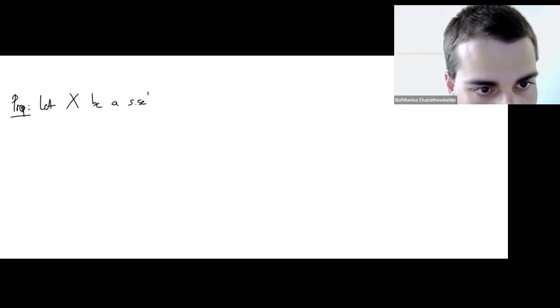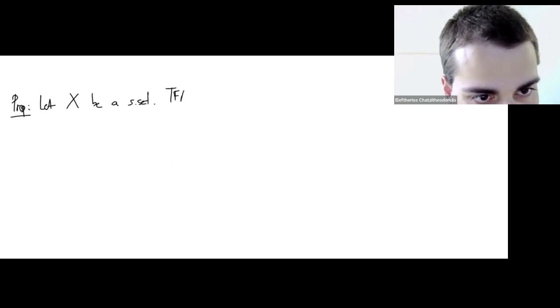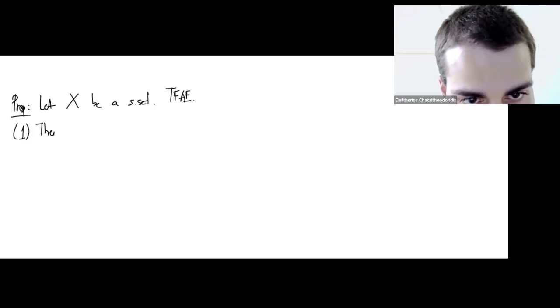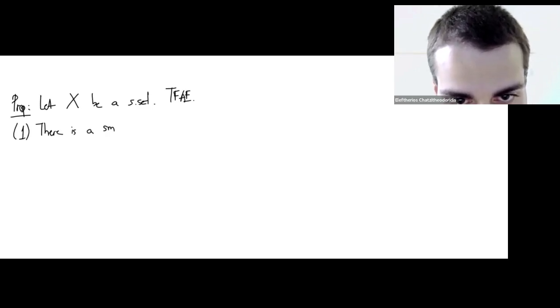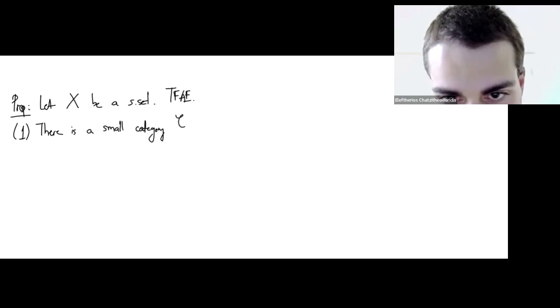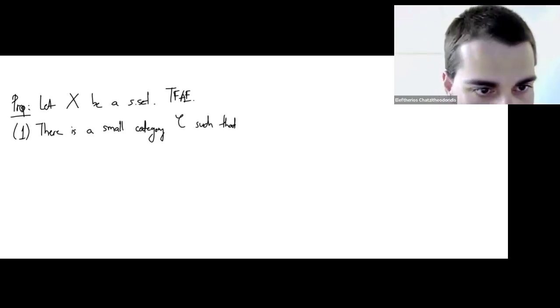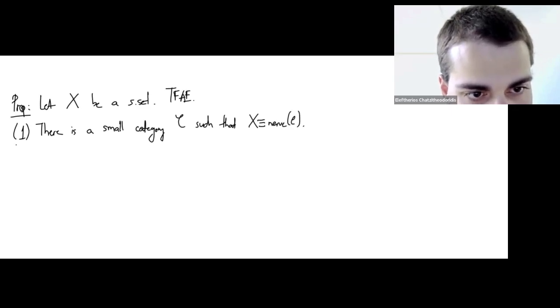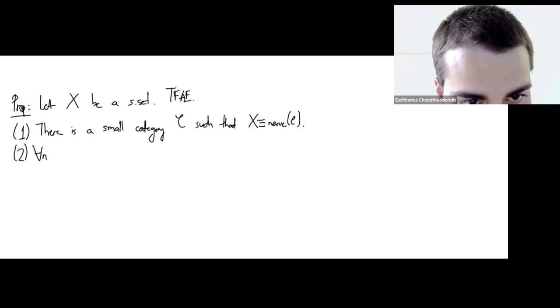Number one, there is a small category C such that X is isomorphic to the nerve of C. And number two, for every n greater than or equal to 2, the nth Segal map is a bijection, or an isomorphism of sets, if you like to think of it like that.